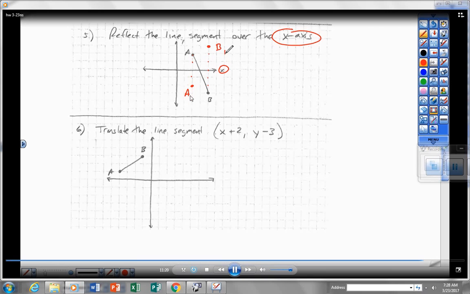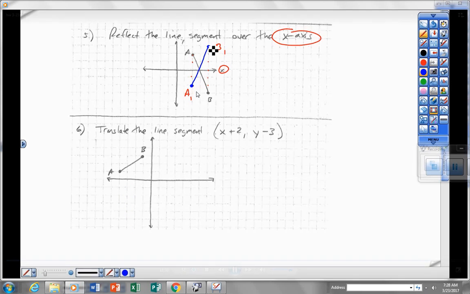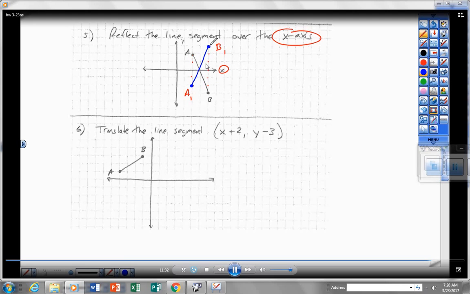So that new A is 2 boxes below that reflection line. That new B is 3 boxes above. I know that looks kind of weird, but that's how you reflect an object through itself. It looks like a little X right there. So A prime 2 below, B prime 3 above. That is the reflection.